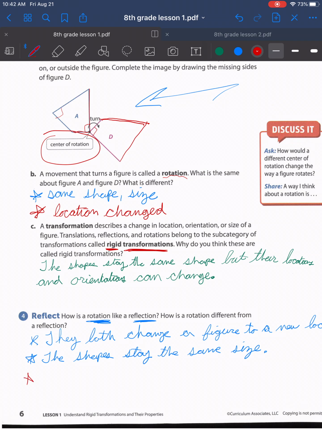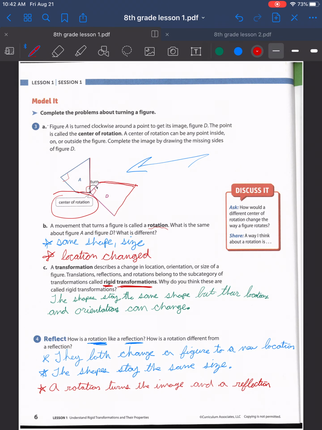Okay, so we're going to say a rotation turns the image and a reflection flips the image.